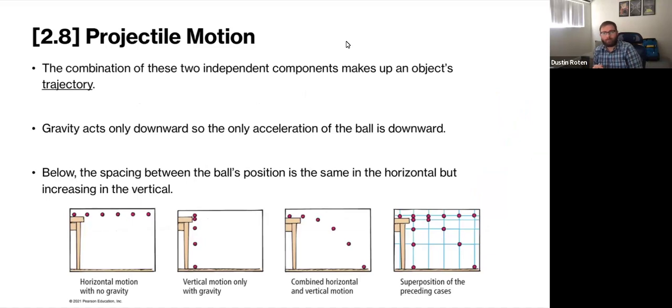Okay. So the idea here is we look at the x stuff going on and the y stuff going on. We can look at those things separately, but then when we put them together, that's how we get projectile motion. Okay, so when we look at these two independent pieces together, that makes up the object's trajectory.